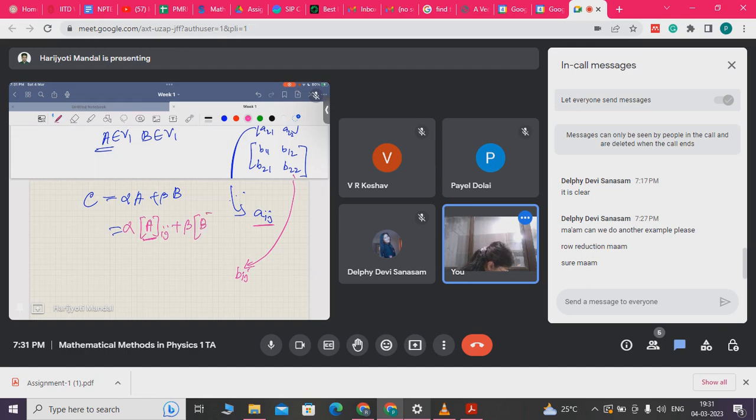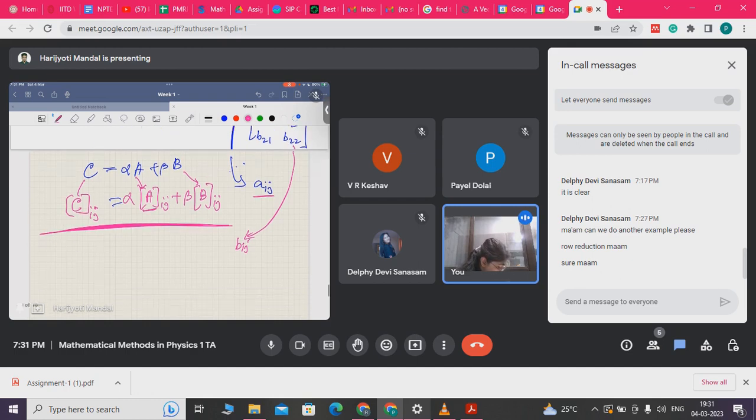So alpha Aij plus beta Bij. If we are writing A and B like this, C has to be written by this.